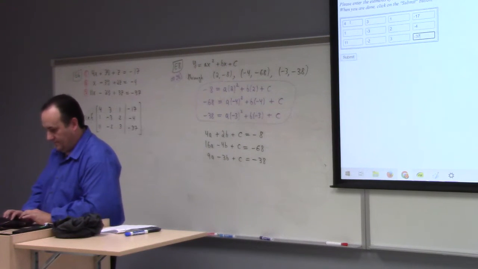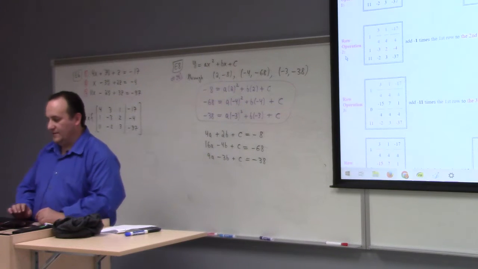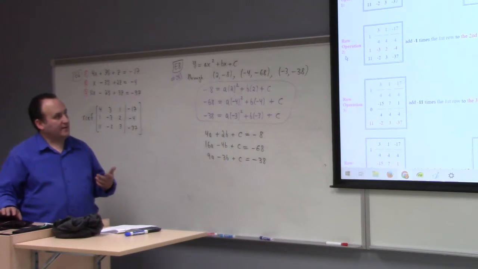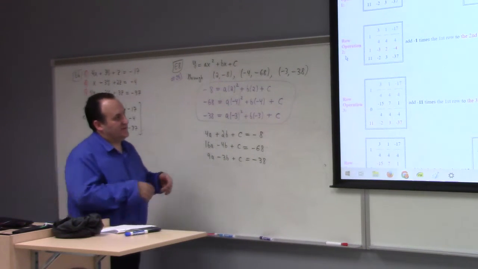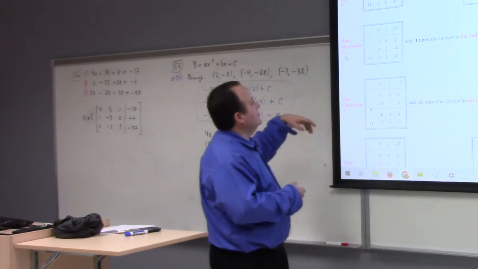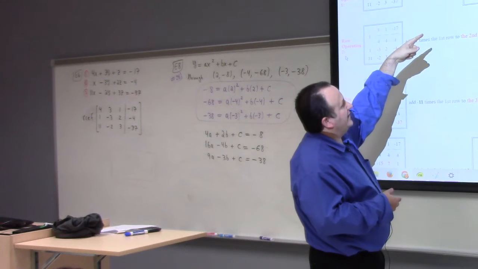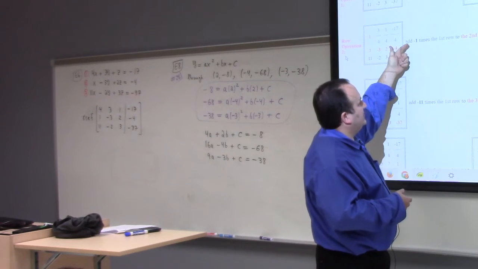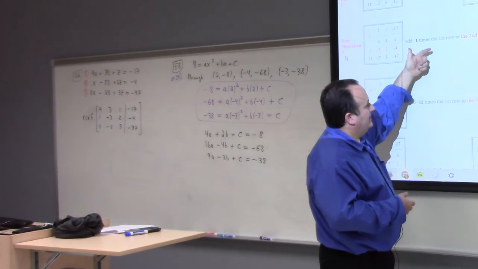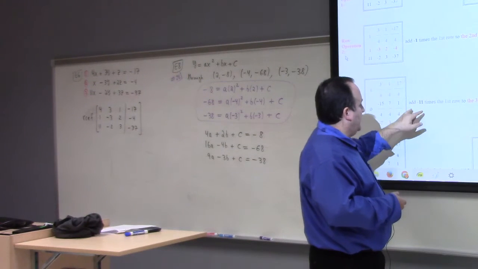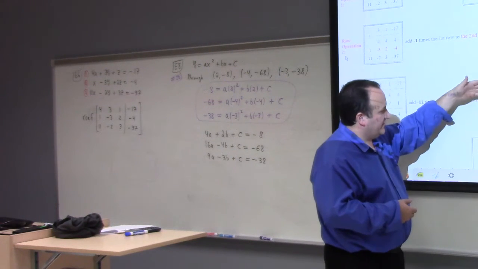If you remember that row operation stuff, what this is showing you is you can take the original coefficient matrix, multiply the first row by a quarter, multiply the second row by minus 1, and add 11 times the first row to the third row.